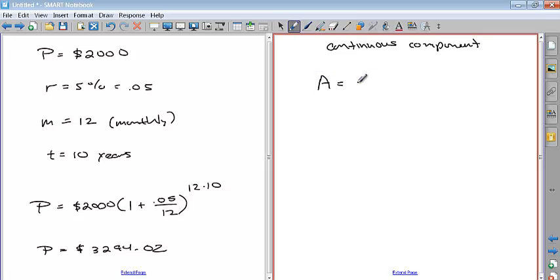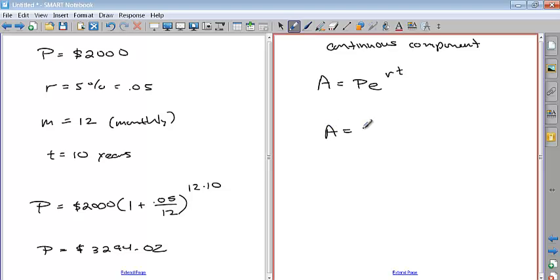So it's equal to P times e to the R, the yearly interest rate, times T. So P e to the RT, because we now have an infinite number of periods.